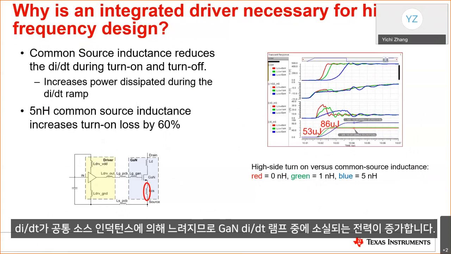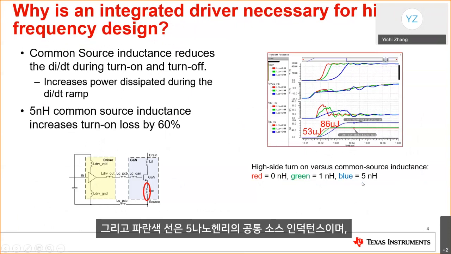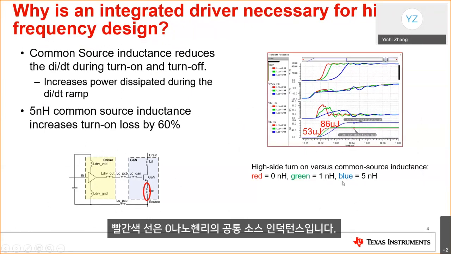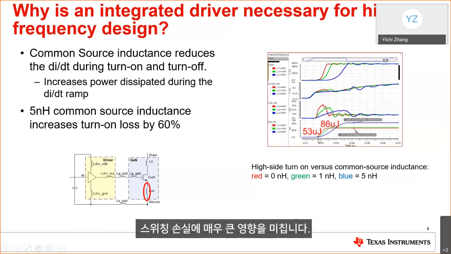Because of the slower di/dt caused by the common source inductance, it will increase the power dissipated during the di/dt ramp. On the right, you can see a simulation plot. The blue line is with 5 nanohenry of common source inductance, and the red one is with 0 nanohenry. You can see the 5 nanohenry common source inductance increases the turn-on loss by 60%. So it has a very significant effect on the switching losses.